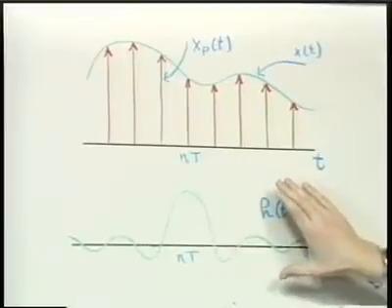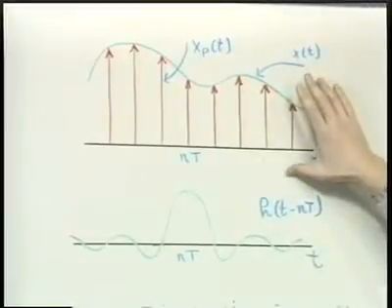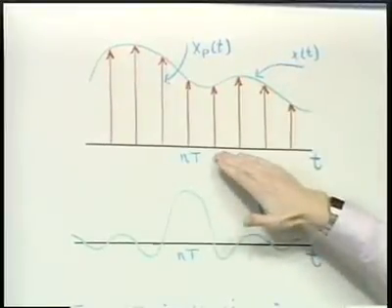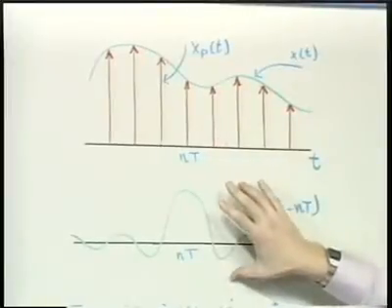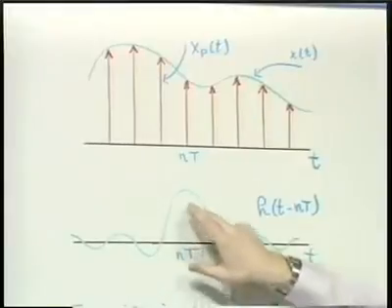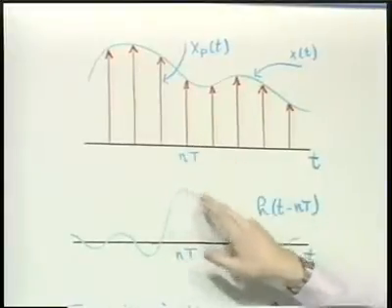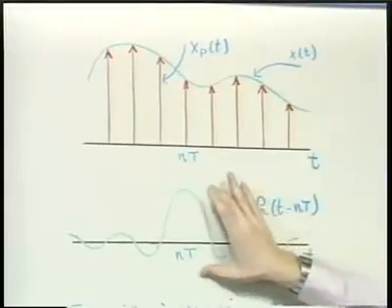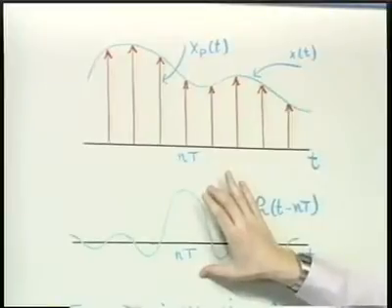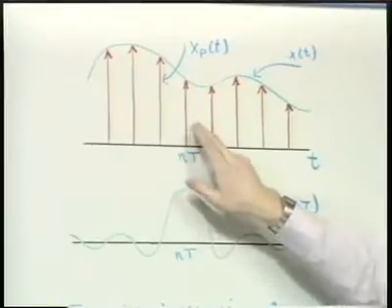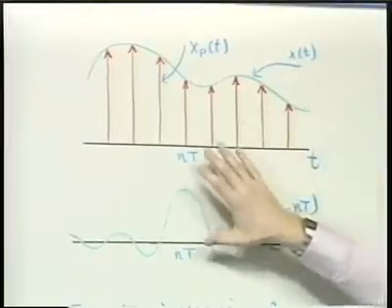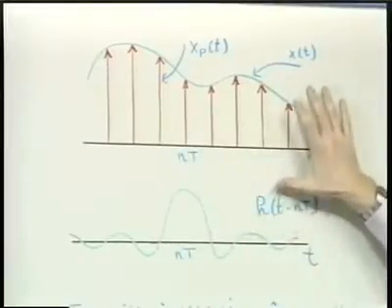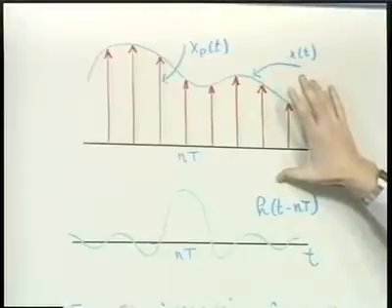What happens in the reconstruction is that, through the convolution of these impulses with this impulse response, we superimpose one of these impulse responses, whatever the filter impulse response happens to be, at each of these time instants. Those are added up, and that gives us the total reconstructed signal.